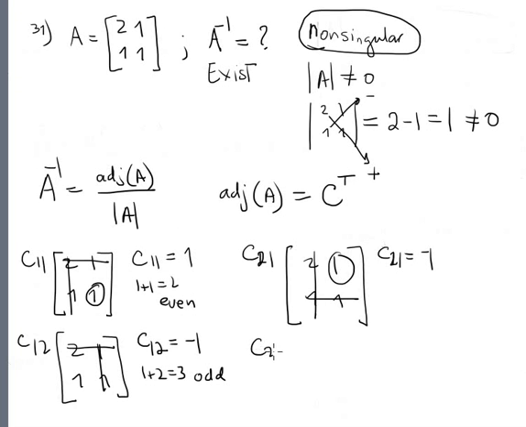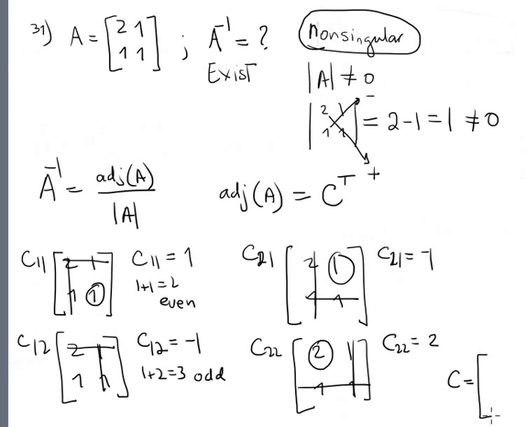And finally, cofactor 2, 2 is this, which is 2. In this case it is positive because 2 plus 2 is even. Cofactor 2, 2 is equal to 2. Now the cofactor matrix is 1, negative 1, negative 1, and 2.